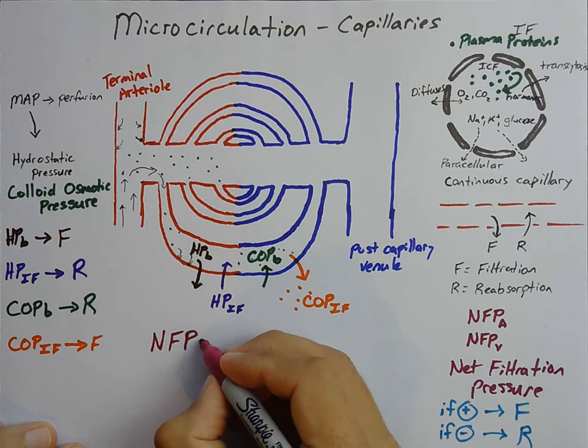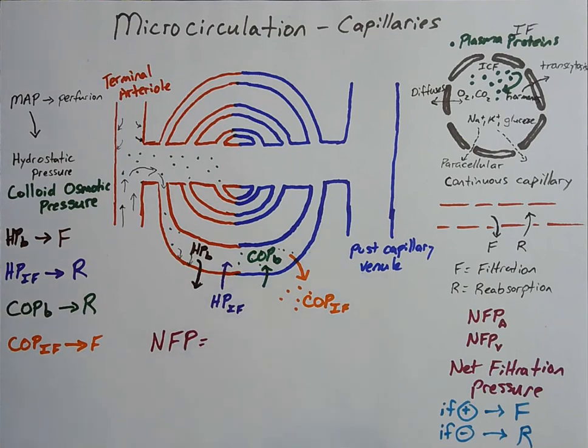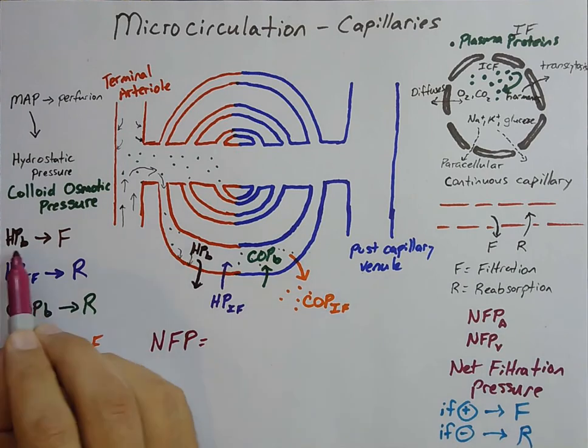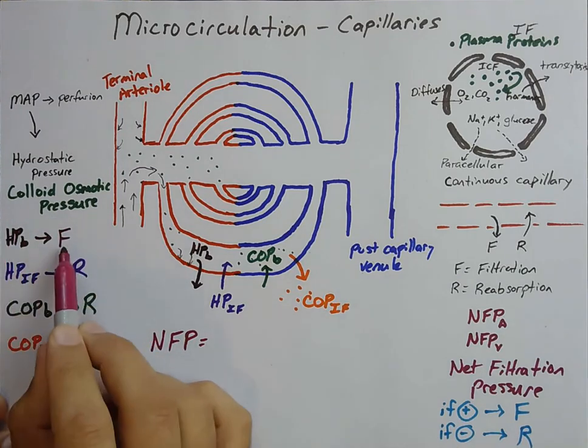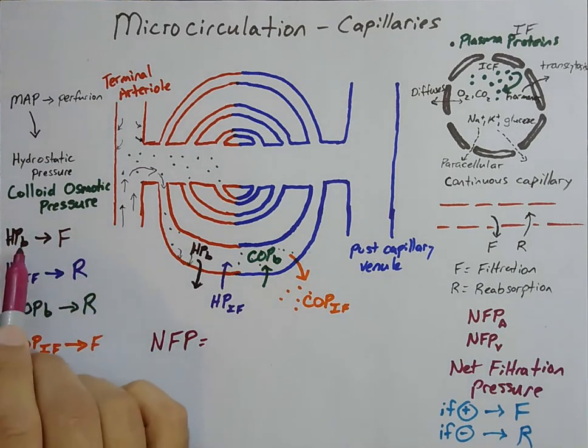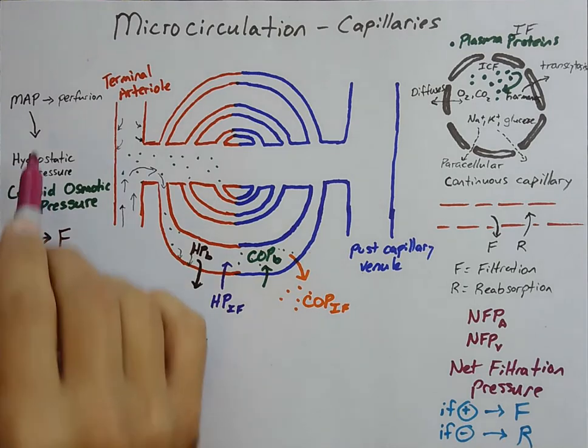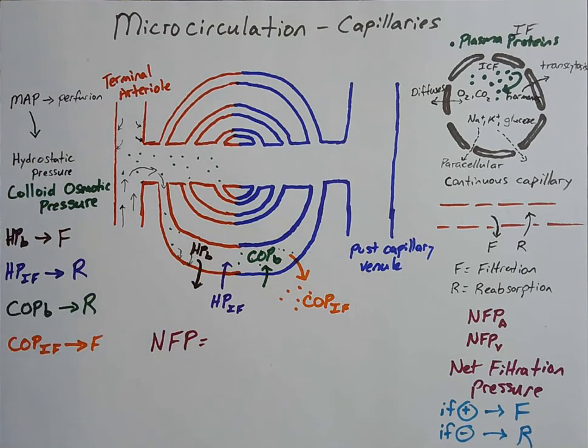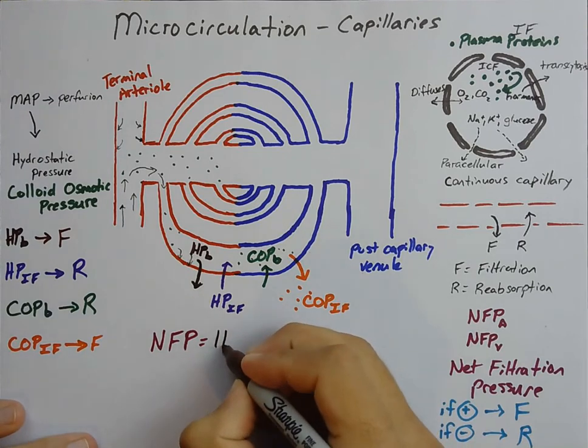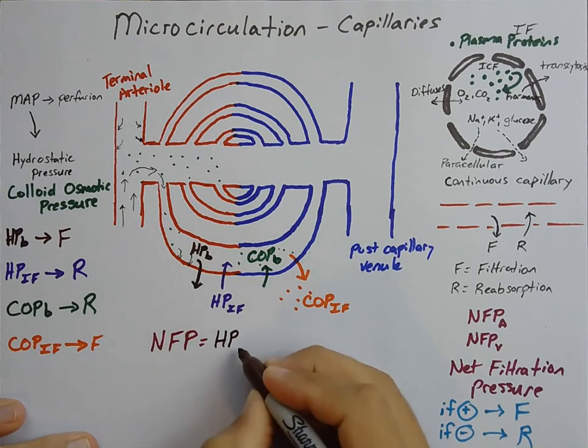Net filtration pressure. The number one most important value that controls filtration is hydrostatic pressure inside of the blood. This is driven by your mean arterial blood pressure. We can think of them synonymously. So what we're going to do is put that into our formula first.